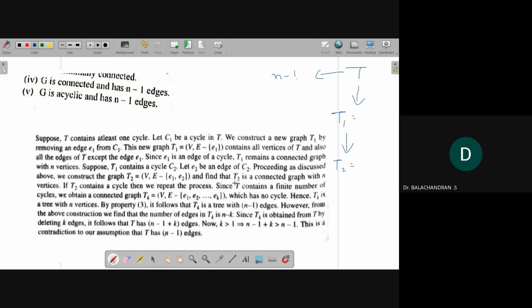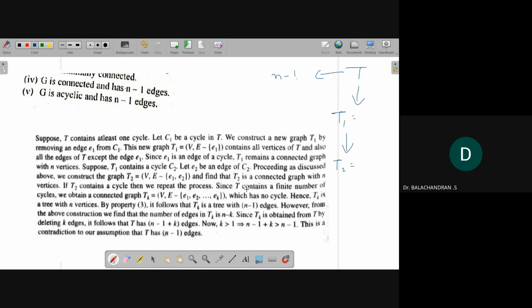We know that T2 is also connected because we are removing an edge in the cycle. So the resulting graph is still a connected graph. T2 is connected with n vertices. Suppose T2 contains a cycle, then we repeat the process.